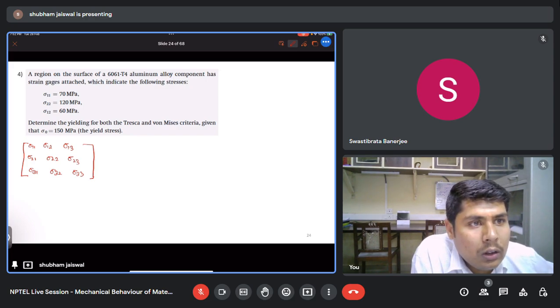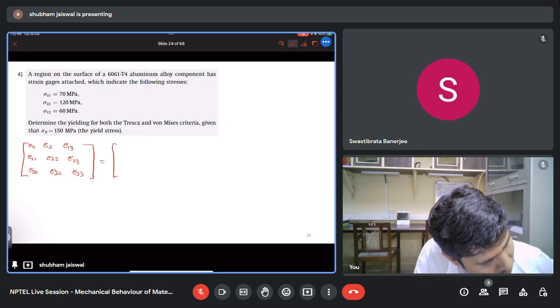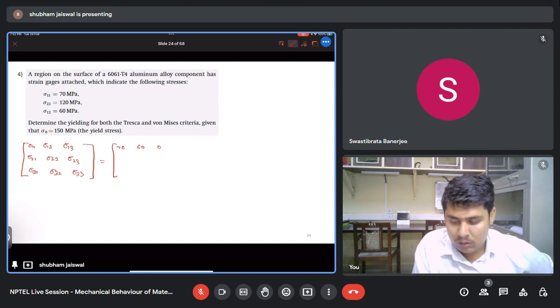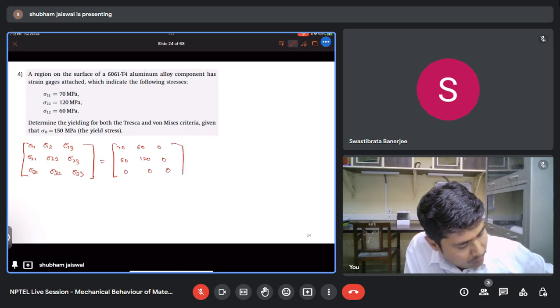We have seen we can use numbers as well in the very beginning. So if I put these values, it will look like: 70, 60, 0, 60, 120, 0, 0, 0, 0. Is it not?